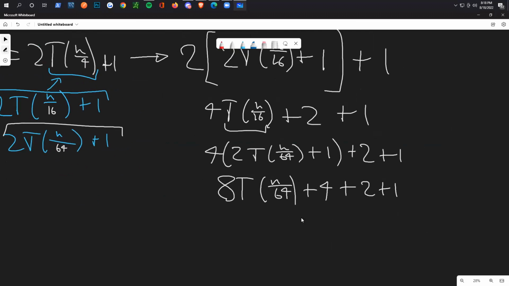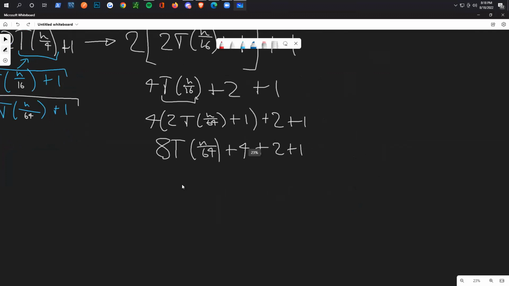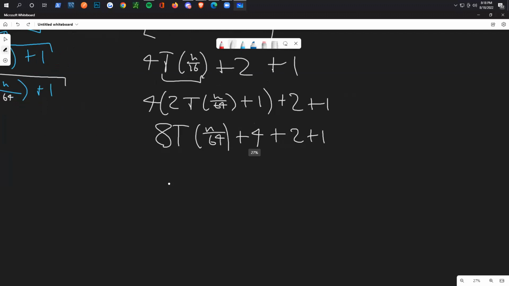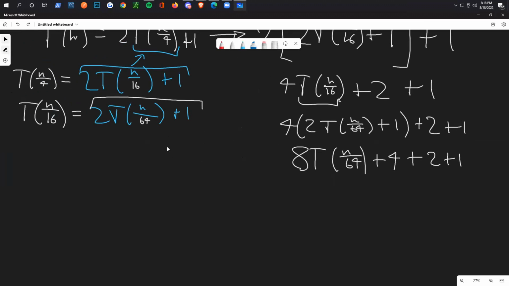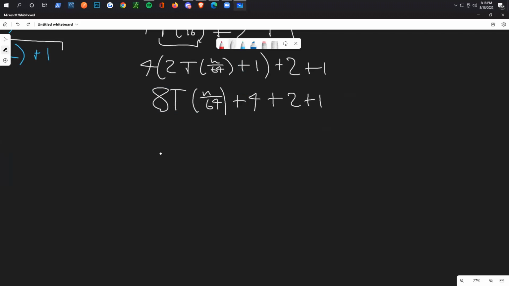Also, notice how I'm not combining these numbers. You could, but I think it's easier to just leave them because I'm sure you guys can see what's happening right here. And you know what? Why not? Let's go one step further. I know we don't have to, but let's just go one step further. So I'm not gonna write it down here for 64, so you guys can just get some practice doing it on the fly.